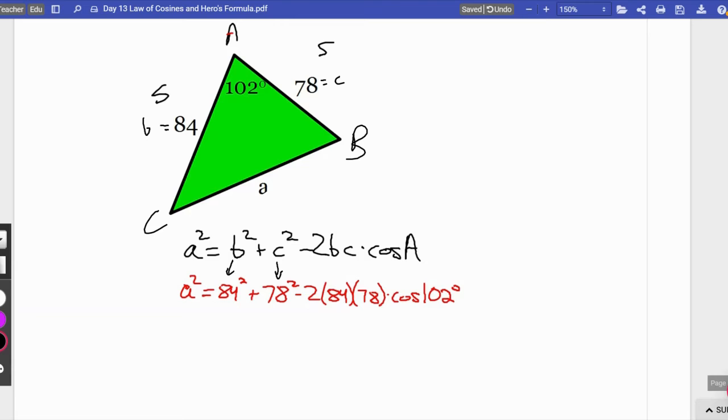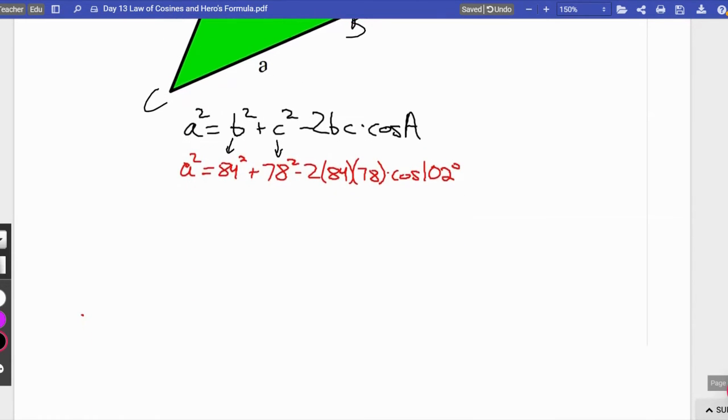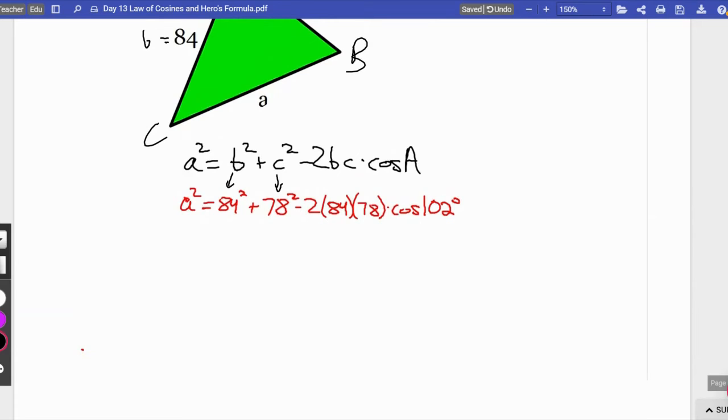And you can actually do most of this just straight away. Most calculators will allow you to just type all of this in and hit enter if you're in degrees. I'll do it step by step just so you see what's happening.